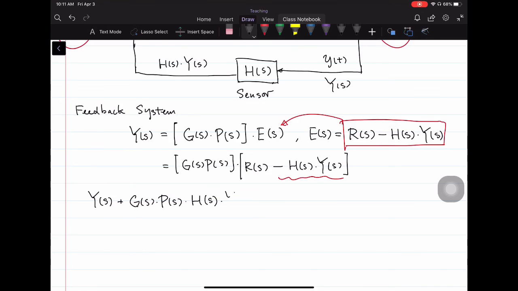The negative sign will become a positive sign when I move that to the left. This is equal to G of S, P of S times R of S.